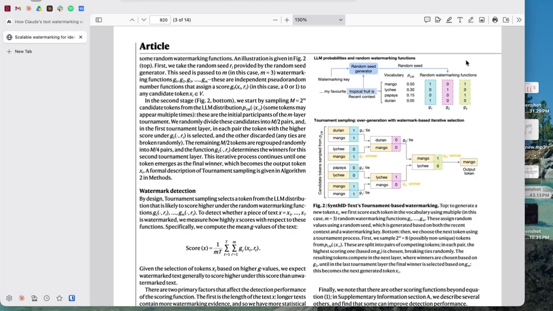Remember, we had to generate a whole bunch of different tokens at the beginning, and then we have this tournament that they're playing against each other through multiple levels all the way through, and we get one out at the end. But it turns out that you can still do this in a pretty computationally effective way, so it doesn't end up making it any slower.